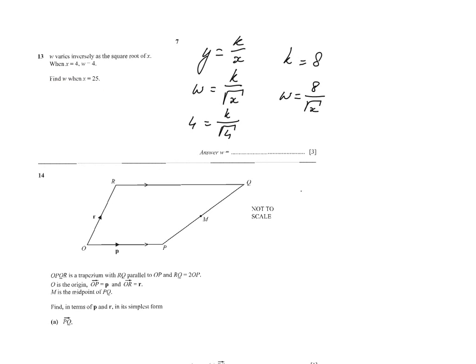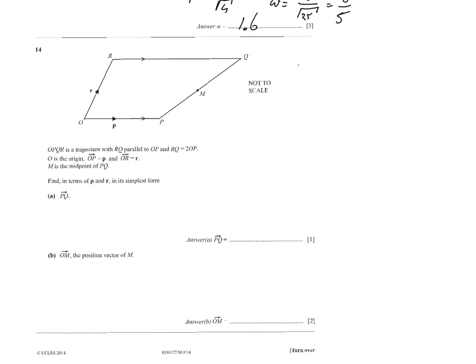What is w when x is 25? So w equals 8 over the square root of 25, which is 8 over 5. Which, if you like, you can write down as 1.6. Fantastic. So do not forget to do the square root of x. Sometimes students forget, or they square it, but it very clearly says square root of x.